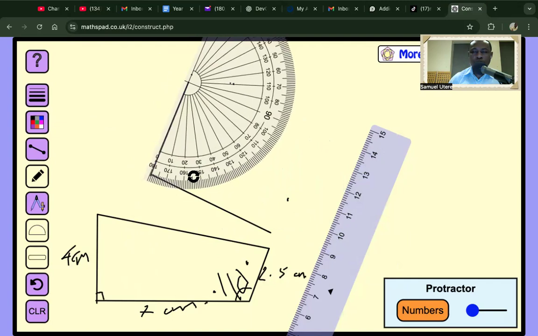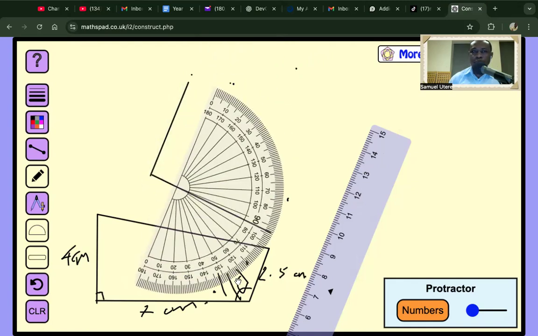The zero mark must line up. And then we want 120 degrees, which will be somewhere here. So we're using the inside scale. So we'll mark 120 degrees there.